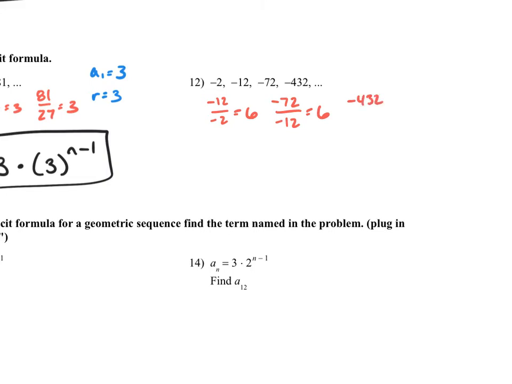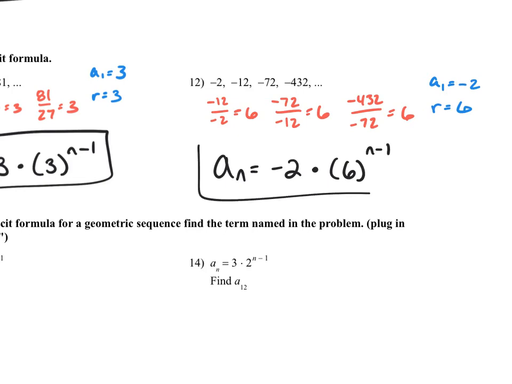Negative 432 divided by negative 72 is 6. So with all of that, we now know that our common ratio is 6. What is our first term? Negative 2. So a sub n is going to equal negative 2 times 6 to the n minus 1.